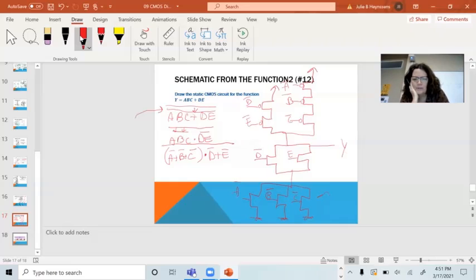So we can build it with 10 transistors, 2 transistors less. Now you're probably thinking at this point, but I have to invert all those inputs. I have to have A naught, B naught, C naught, D naught, and E naught. And each one of those inversions is going to take 2 transistors. But in reality, most of these signals are coming off of a flip-flop.